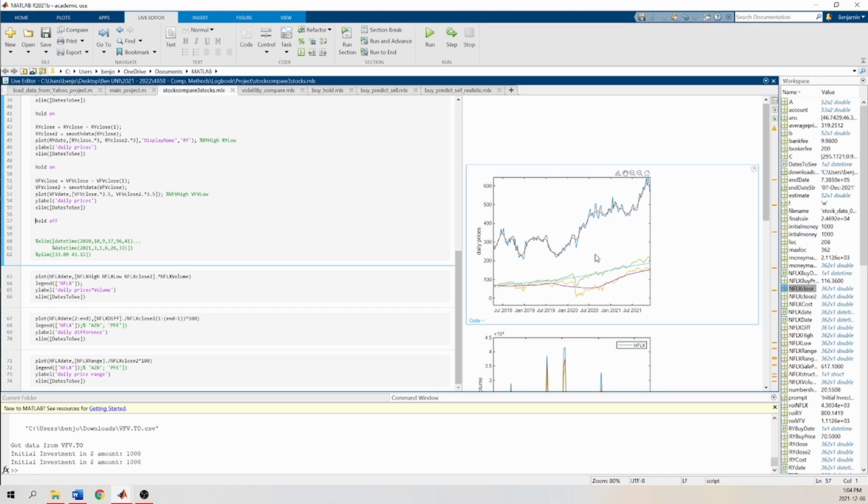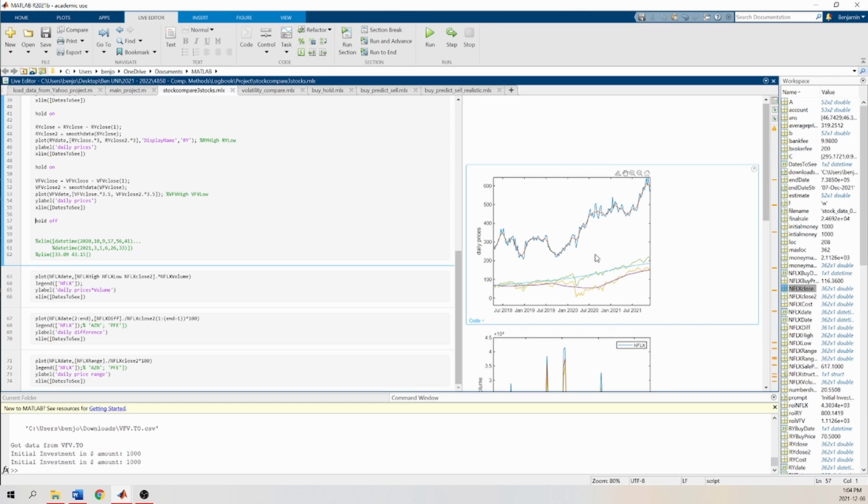Next, we have the RBC stock, which is also continuously growing and has also a few bumps along the way, as well as the S&P 500 here, which is the bottom one, which would be considered the safe stock, which kind of has lower volatility.